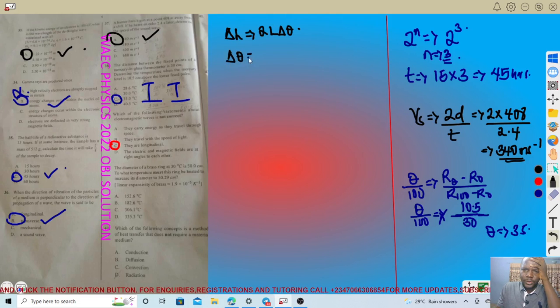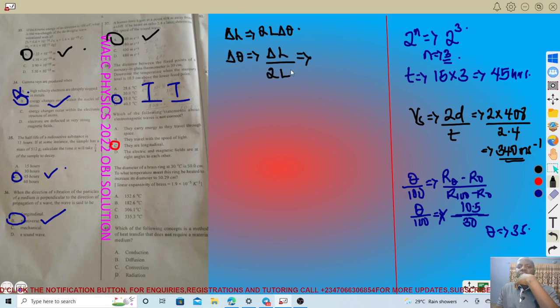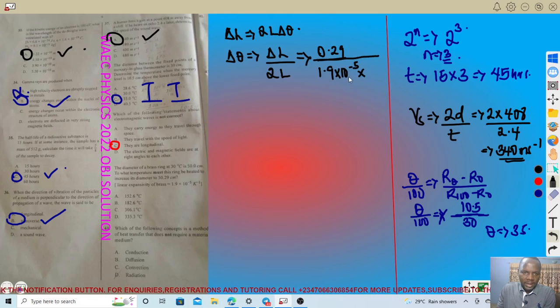Change in temperature equals change in length over alpha L. Change in length is 50.29 minus 50, that is 0.29. Alpha is 1.9 times 10 to the power minus 5, times the initial length, which is 50.